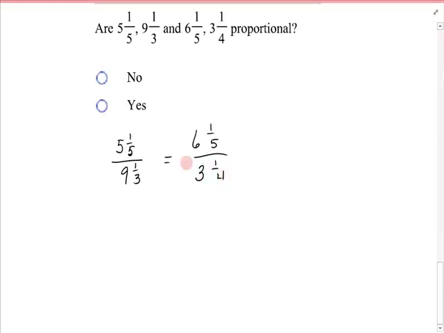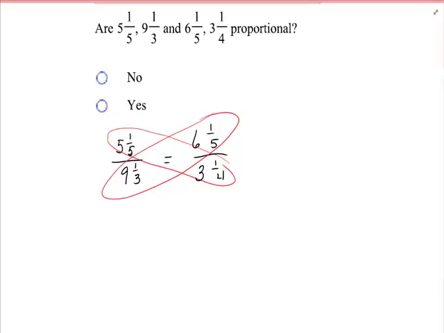All right. I need to look at this cross product and this cross product. One of the cross products, this one, is 5 1/5 times 3 1/4. To multiply mixed numbers, I need them to be improper. 5 times 5 is 25, plus 1 is 26/5, times 4 times 3 is 12, plus 1 is 13/4.